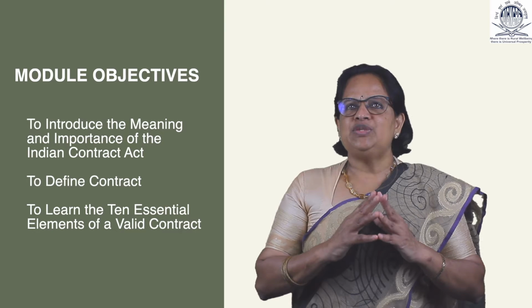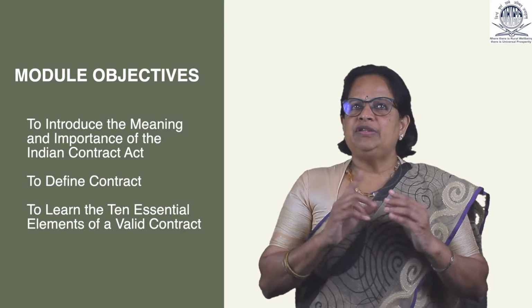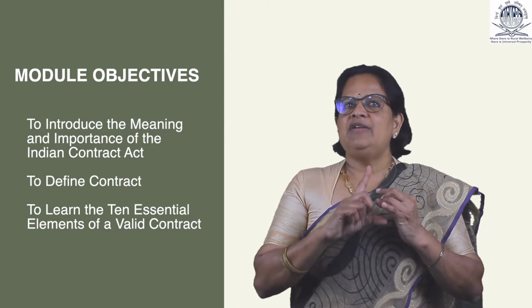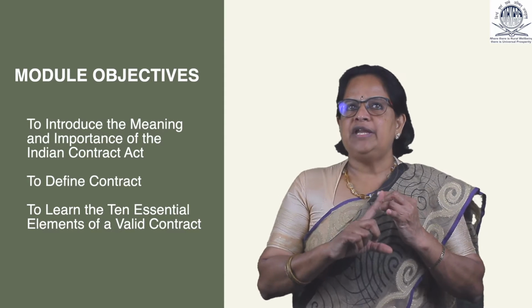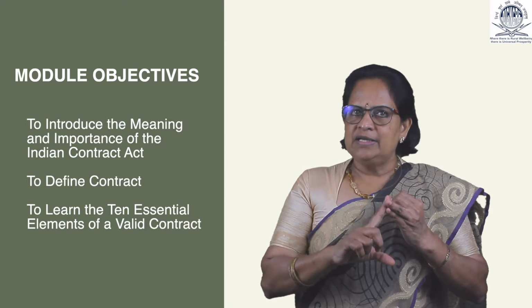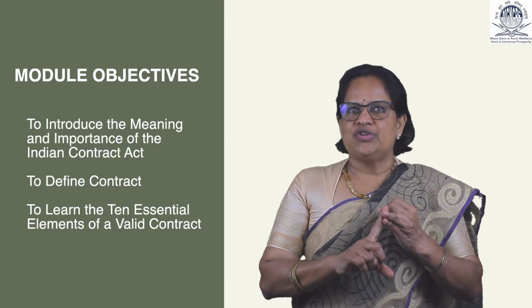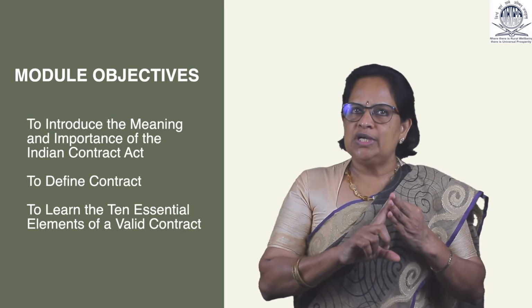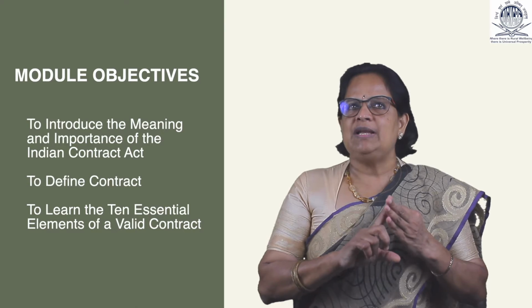This module has been structured to cover 3 broad areas in the following way. First, I will introduce the meaning and importance of the Indian Contract Act. Second, we will learn the definition of contract. The objective of the third is to learn the 10 essential elements of a valid contract.